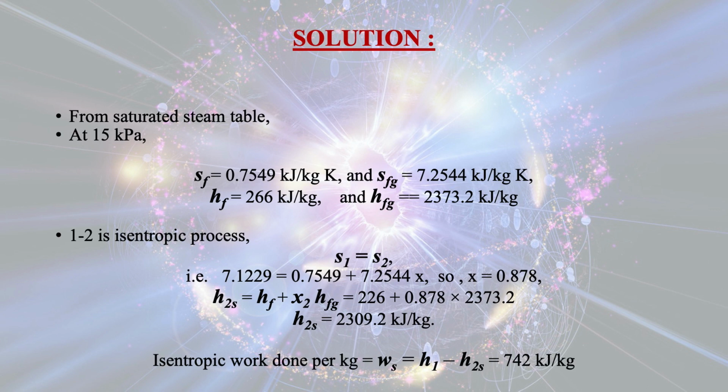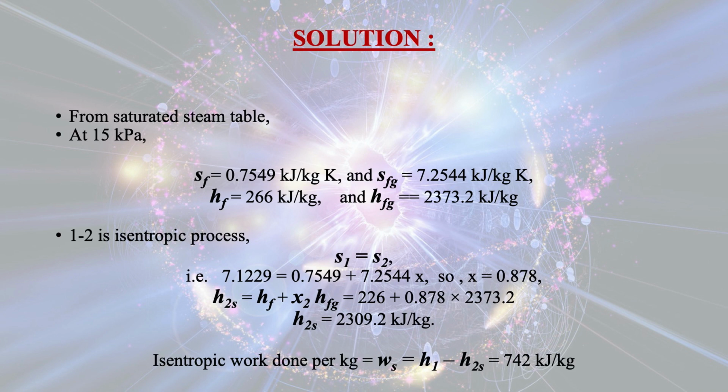So 1 to 2 is isentropic process. So S1 is equal to S2S. So from this information we can calculate the quality at state 2, that is equal to 0.878.